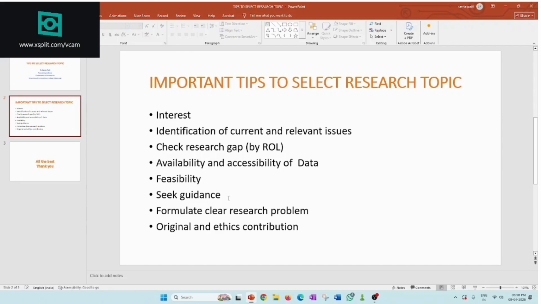After discussing this, you have to go for the formulation of a clear research problem. Once you understand the various gaps, you can formulate clear research problems. After this blueprint, you have to go for original and ethical contribution. Students, follow these important tips to select a good research topic.